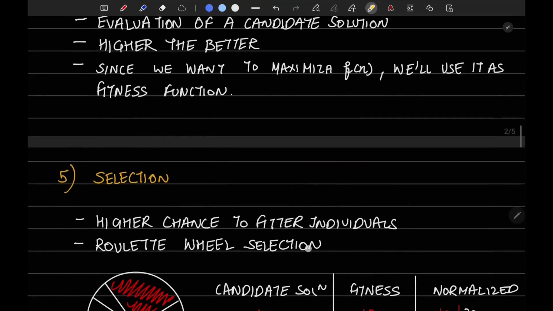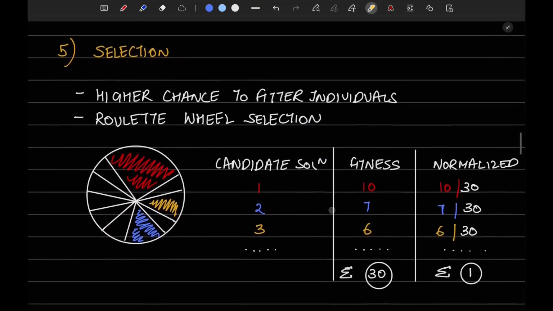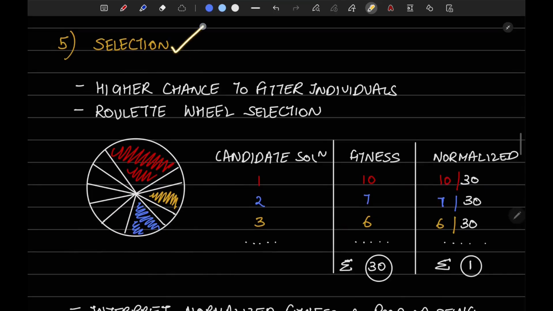Moving on to selection. By this time we know which candidate solutions are better than the others. Now we need a selection method that gives a higher chance to the fitter solutions to pass on their traits. Roulette wheel selection is one of the most common ways to select individuals for this.